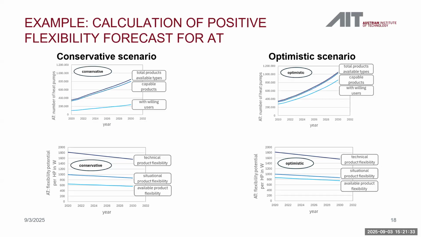On top, you can see the number of heat pumps. Again, in dark blue, the starting point, the total number of assets, which is similar in both cases, but not the same. Then we lose a tiny bit that's not capable of being externally controlled, but the majority of heat pumps will be lost at the users.